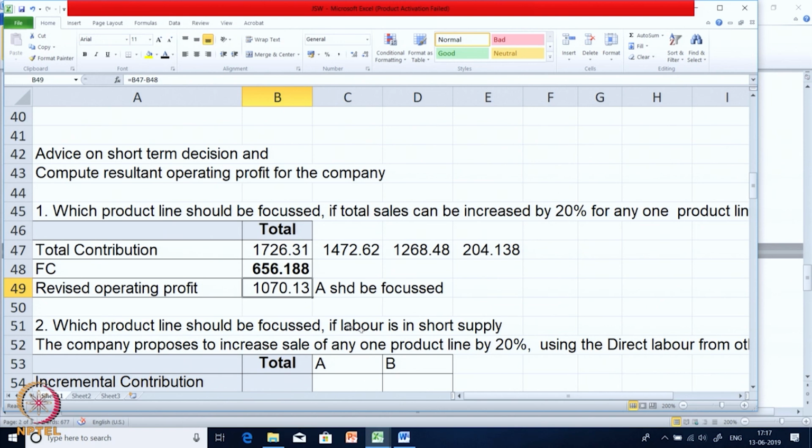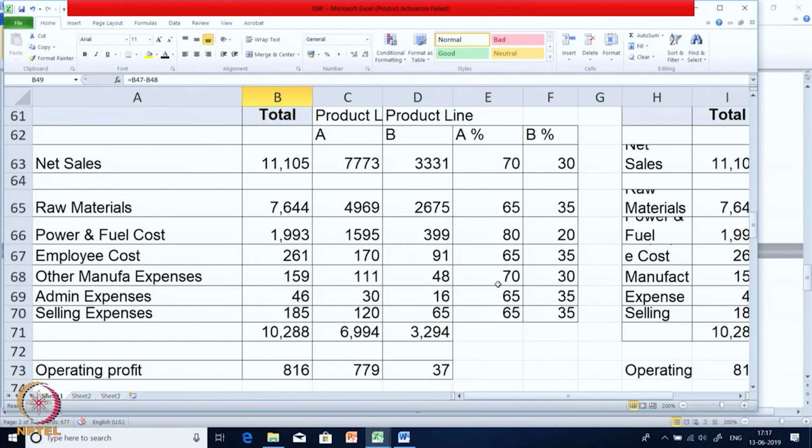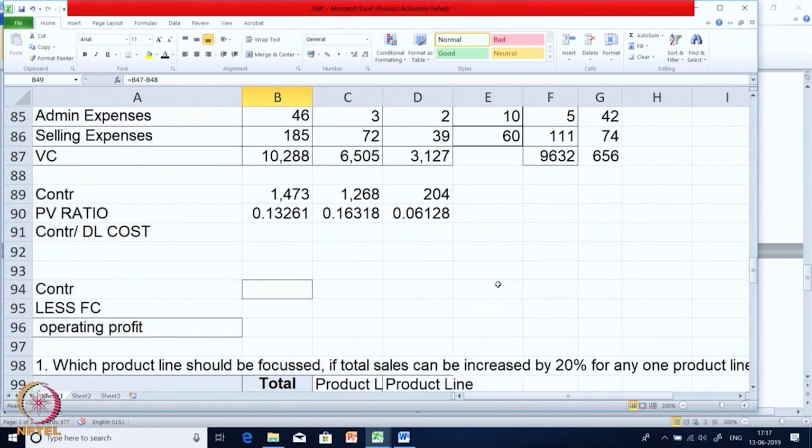In question number 1, we had emphasized PV ratio. But in scenario 2, since labor is in short supply, contribution per direct labor will be your key decision making factor.